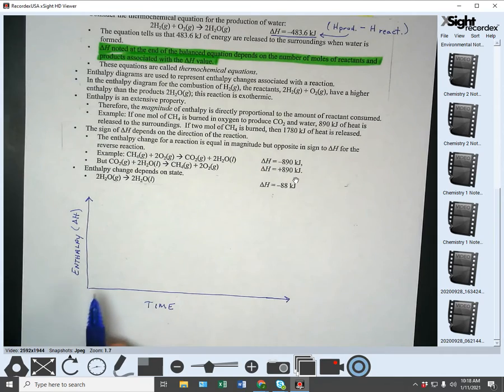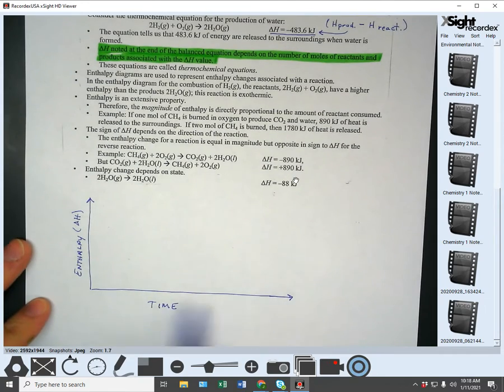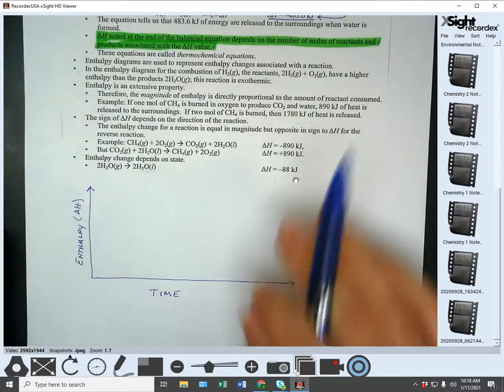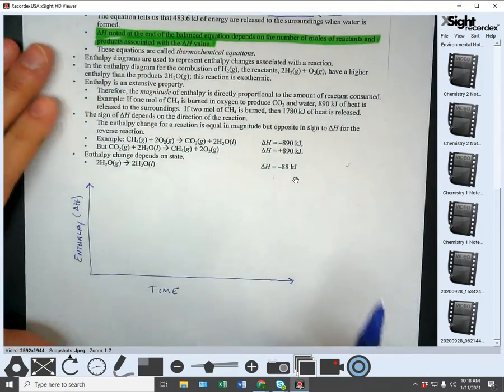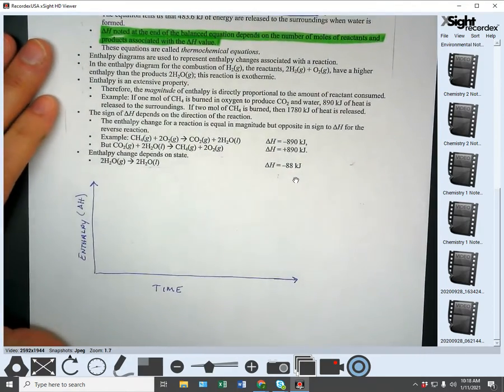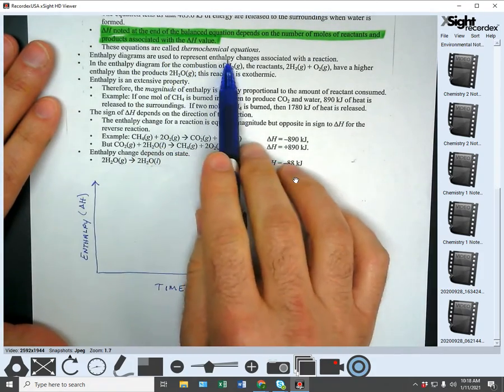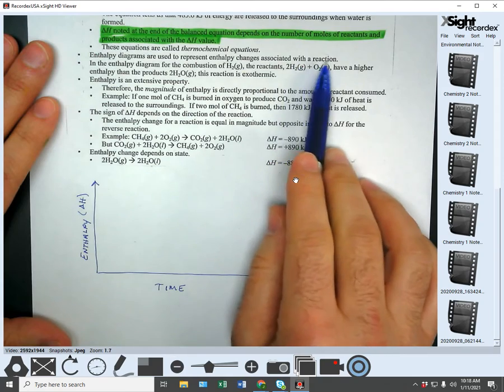This just shows essentially time going forward. And you'll see when I put the stuff in here what that means. So enthalpy diagrams are used to represent enthalpy changes associated with a reaction.